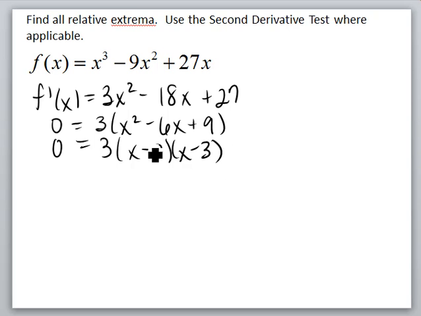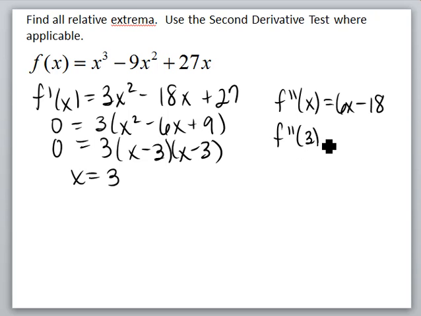So my only critical number is at x equals 3. I want to know if it's a max or a min. So I'm going to use the second derivative to test that. I could test it with intervals too, just like we did in section 3.3. But I'm going to use my second derivative test. It's a little bit faster because my second derivative is very easy to find.